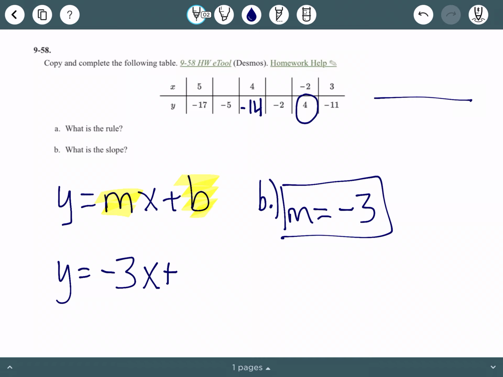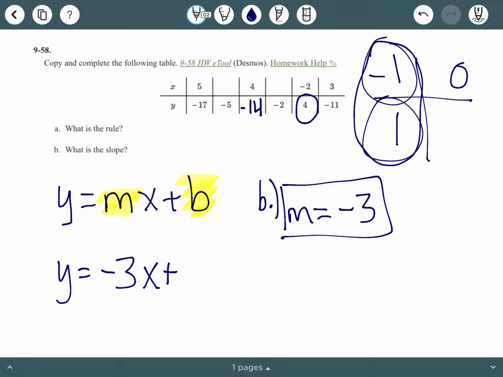So let's say I'm going to do a little bit of a table extension here. Let's say we have negative 1 and 0. So a 4 plus a negative 3 is going to give me 1. So that would be my output for my input of negative 1.